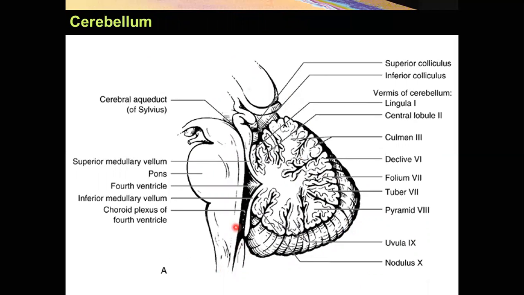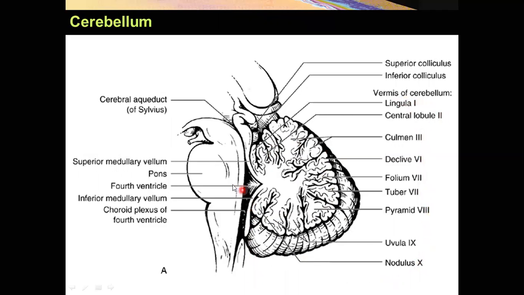Again, the same structures you see. Here is the superior medullary velum, lingula, central lobule, culmen, declive, folium, tuber, pyramis, uvula, and the nodulus. And you see the numbering beside each part of the vermis.